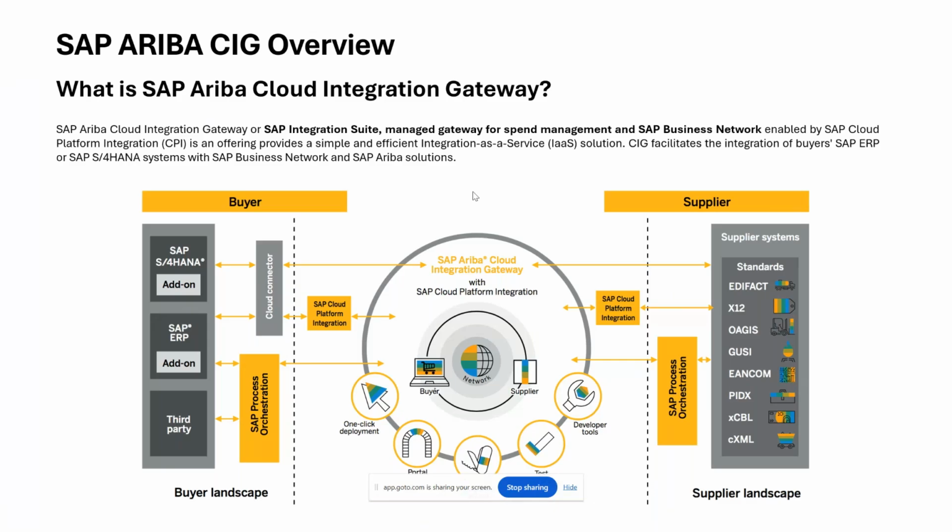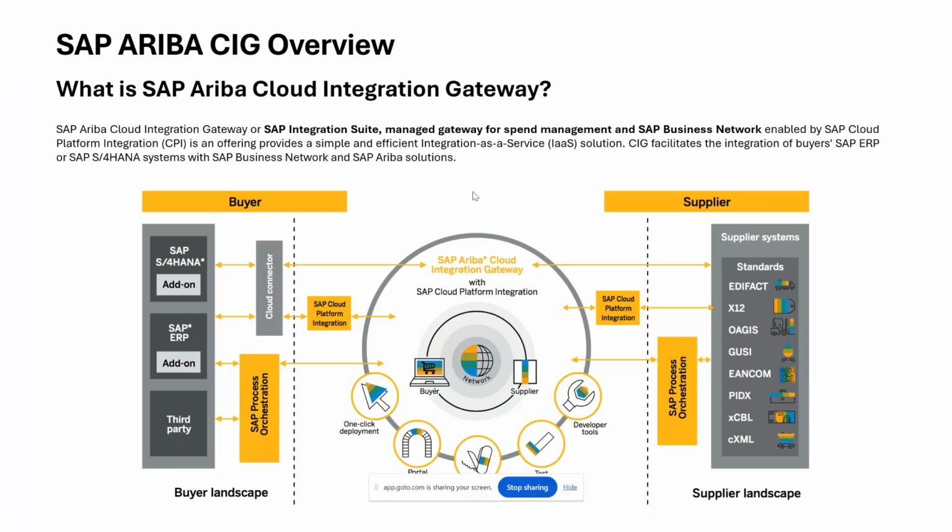There is no extra license or purchase needed to enable the Ariba CIG solution. Once you have the necessary Ariba customer admin role, that user can enable the CIG solution once they have decided to integrate Ariba solutions with their ERP.